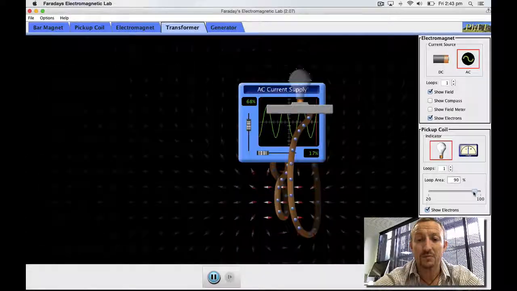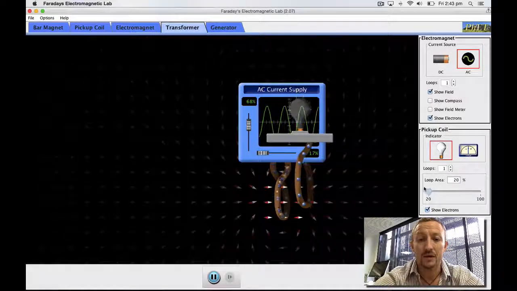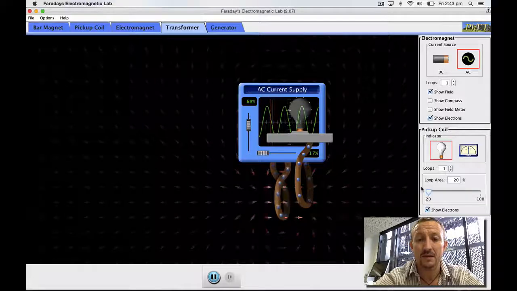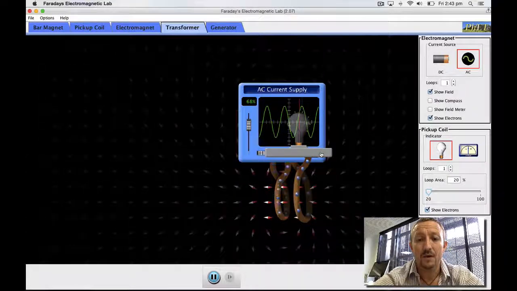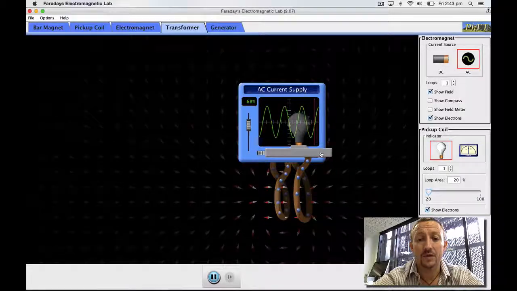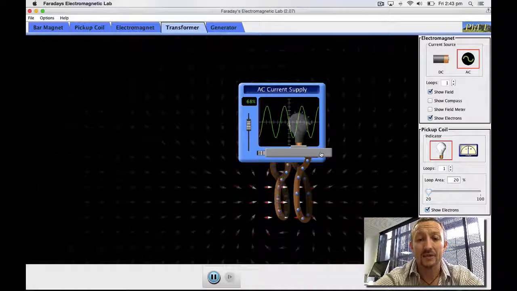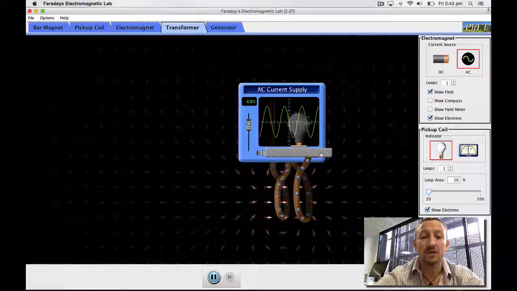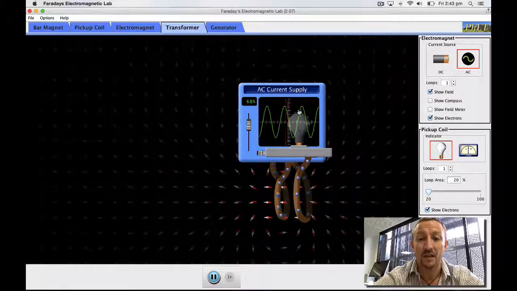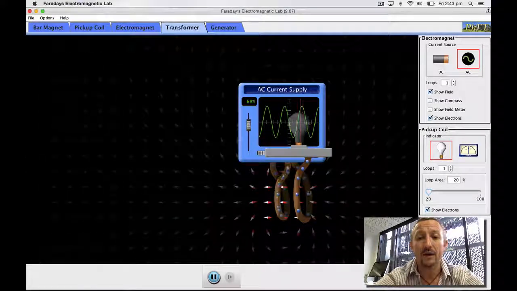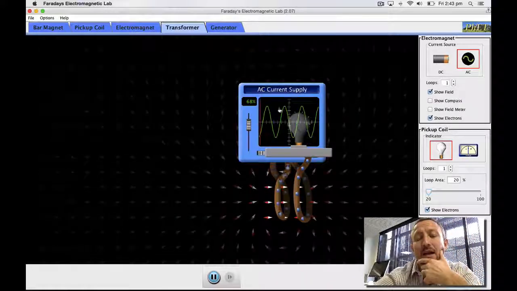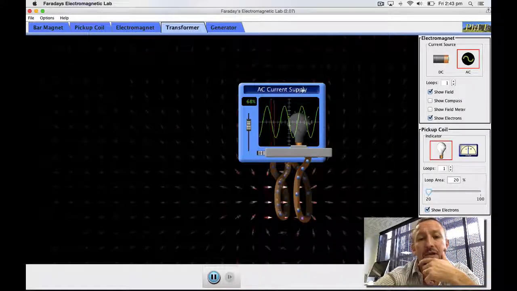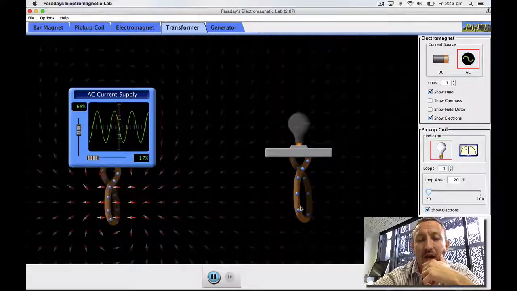Now if I decrease my loop area slightly and try and get them the same, just pull it down here, we can see that we've got a movement in the electrons similar to the change in flux which is generated, and you can see the light bulb going on. Now what I can then do is add coils to this secondary loop.